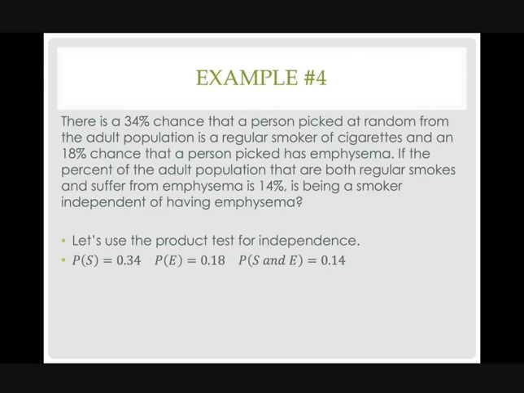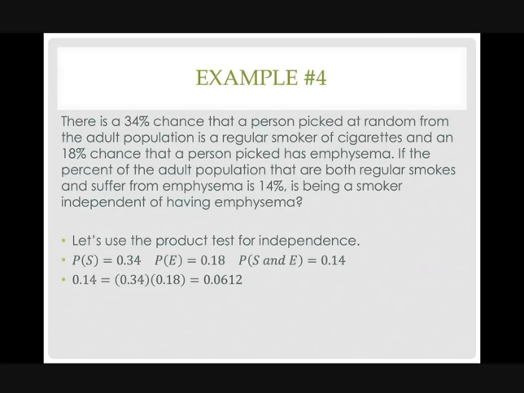So now, to check to see if these two events are independent, the probability of being a smoker times the probability of having emphysema must be equal to 0.14 in order to show that they are independent, that having emphysema or being a smoker has no effect on the other.